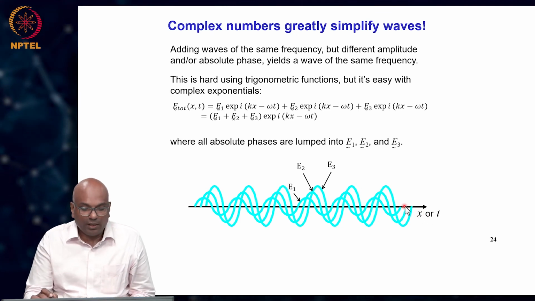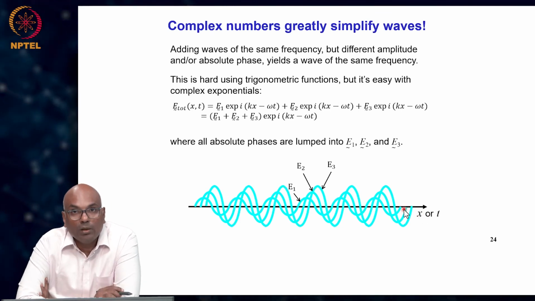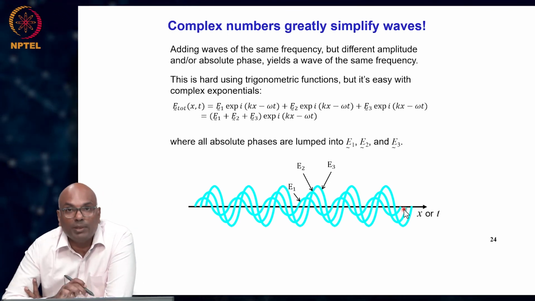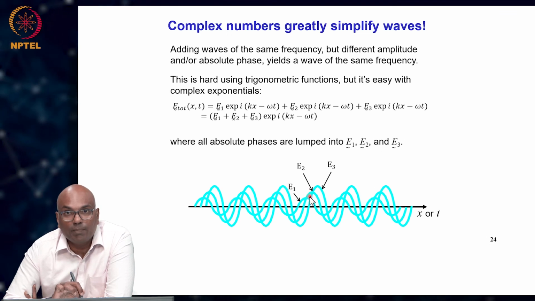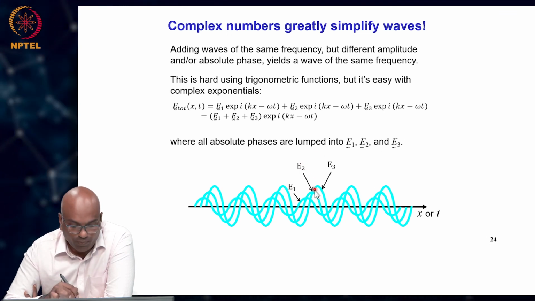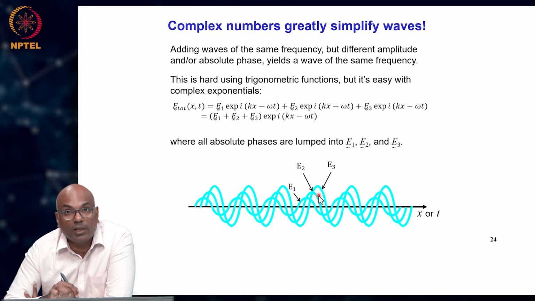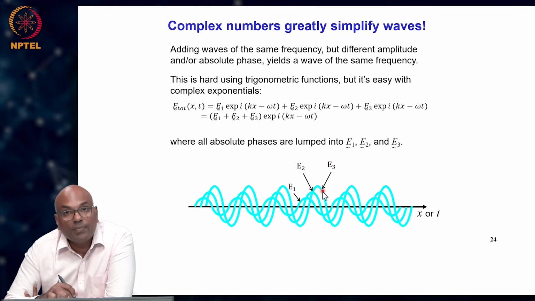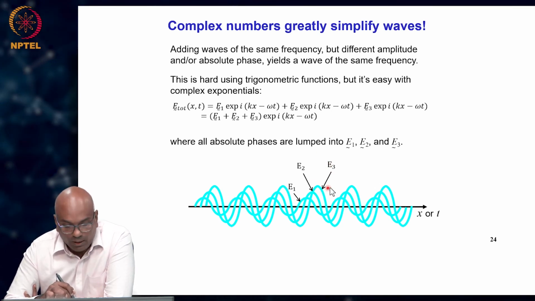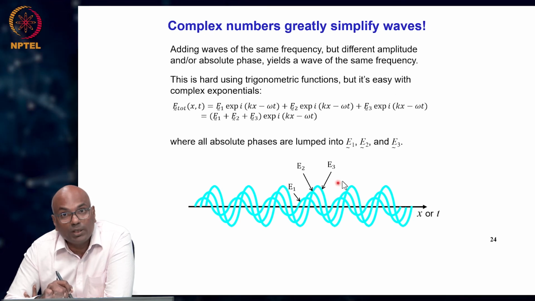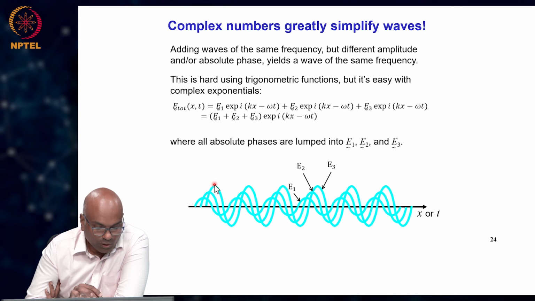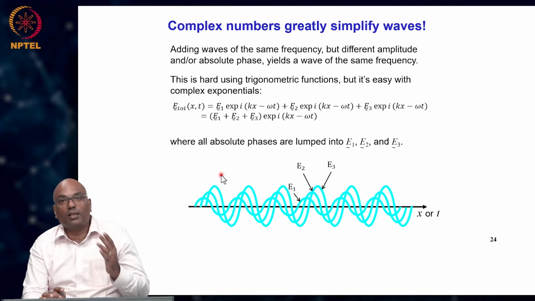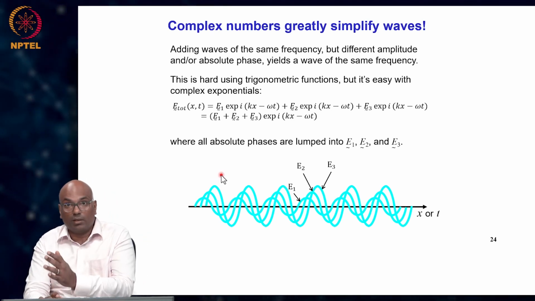So take E3 also. Each of these independently can be described as E1 times the cosine of kx minus omega t minus theta 1, E2 times the cosine of kx minus omega t minus theta 2, E3 multiplied by the cosine of kx minus omega t minus theta 3. And the fact that the amplitude maxima are offset by some amount tells me that theta 1, theta 2 and theta 3 are different.